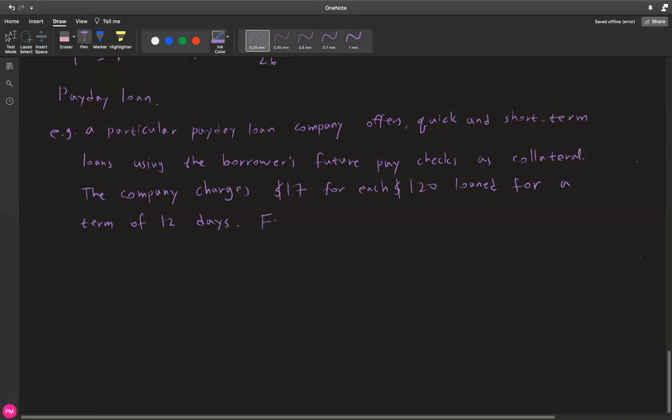And here you have to find the APR charged by this company.